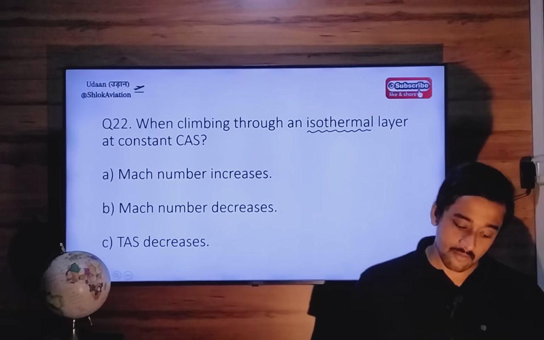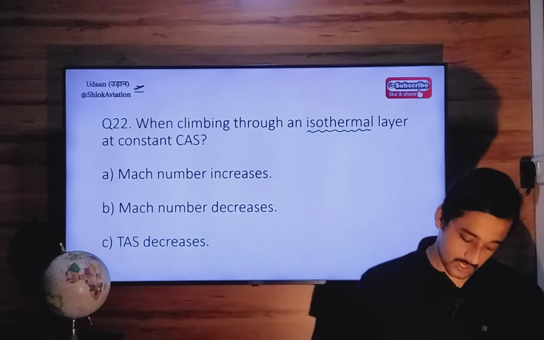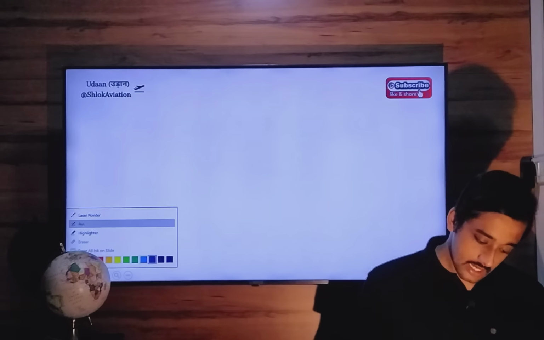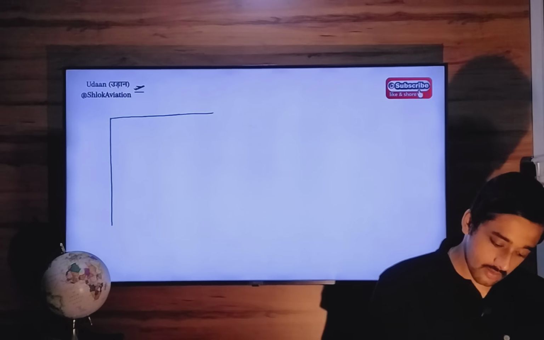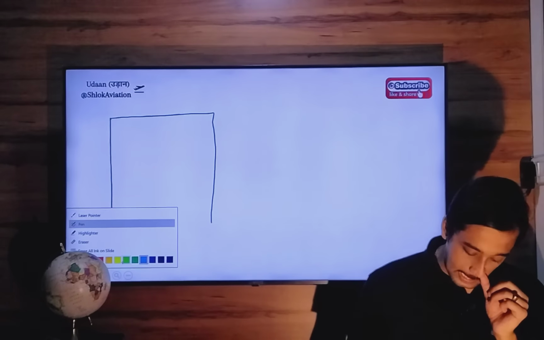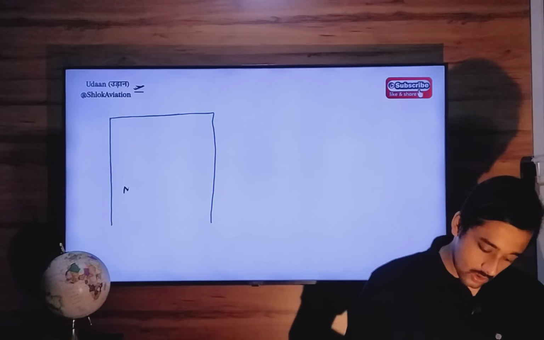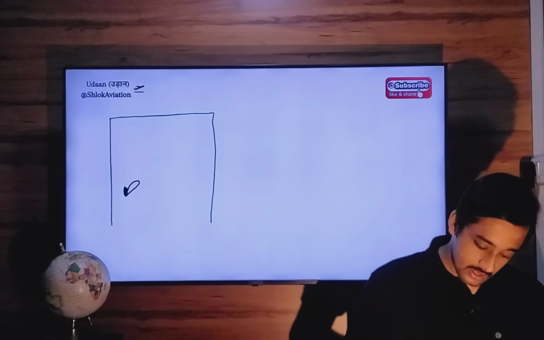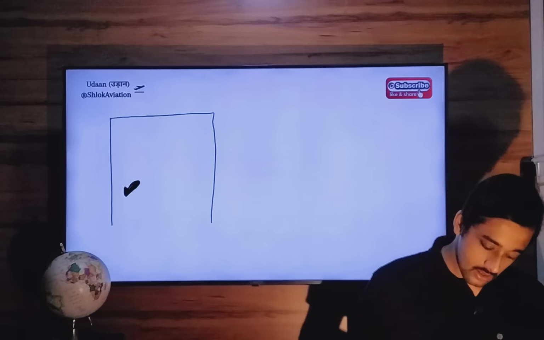And you are climbing at constant calibrated airspeed. So let's say this is that isothermal layer, and you are climbing in this isothermal layer at constant calibrated airspeed.